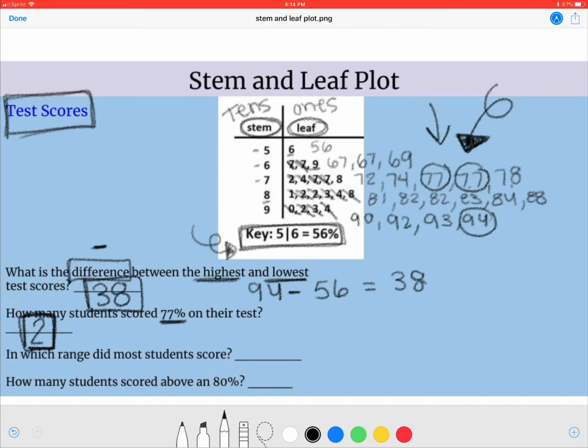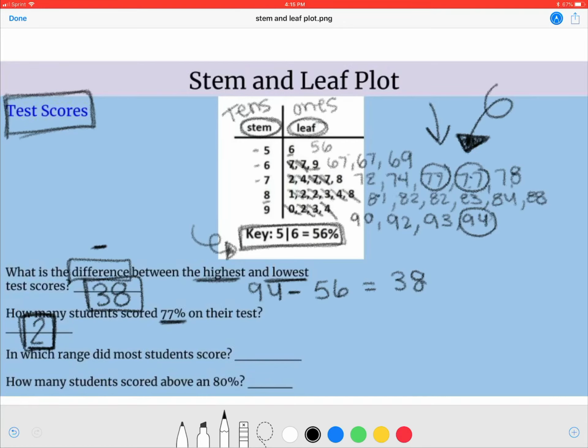Okay, number 3, in which range did most students score? I want to look at what grade range most of the students scored in. Which grade range has the most scores? Well, the 50s only has 1. The 60s has 1, 2, 3.